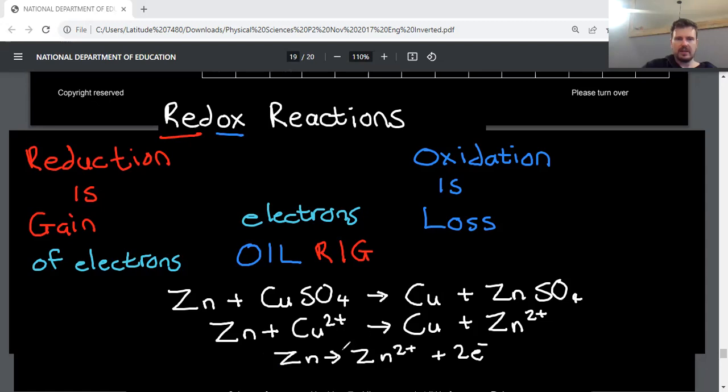So what's happened here? It's lost electrons, because it became 2 plus.